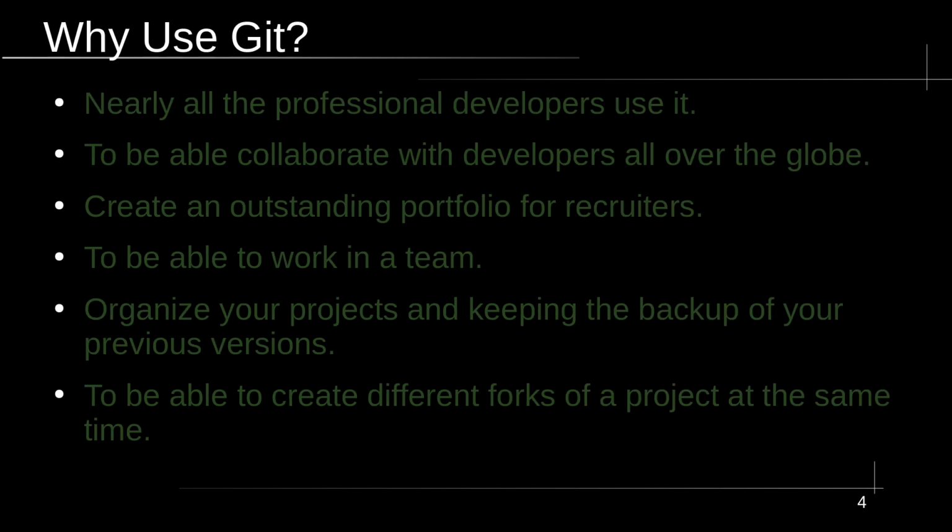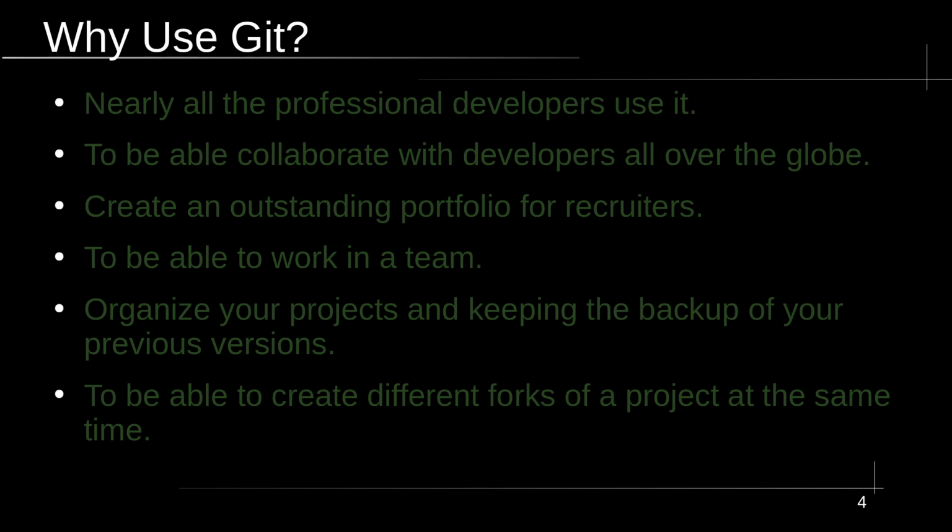And you might wonder, why should we use Git? First of all, it is one of the most popular tools, and most professional developers use it, nearly all of them. The reason for that is it enables collaboration with different developers all around the globe. It creates an outstanding portfolio for you so that you can shine among other developers and be noticed by recruiters.